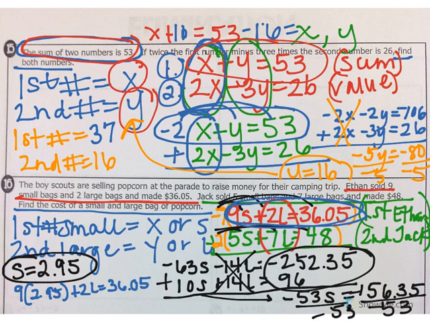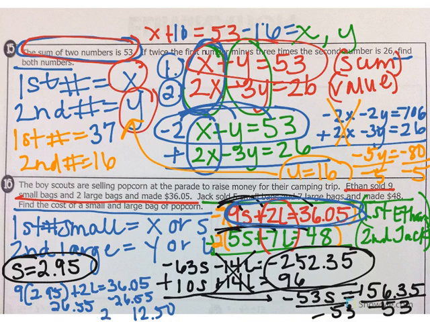So you do 9 times 2.95 and you get 26.55. And you subtract that 26.55 from your $36.05, and you should get $12.50.